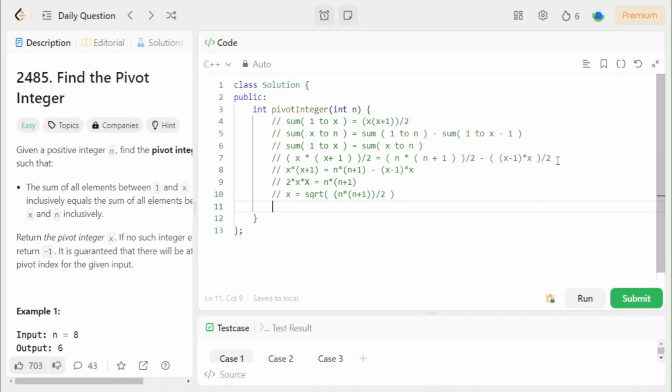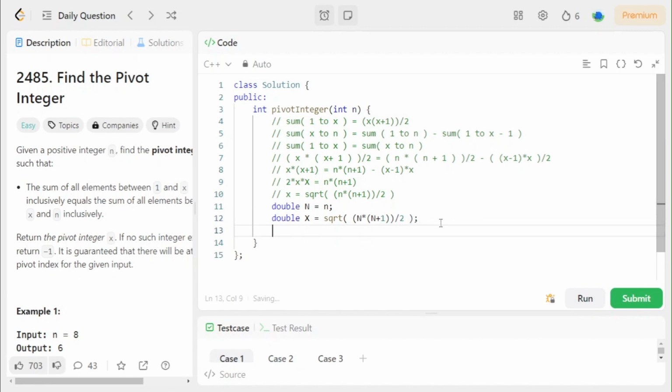To check whether it's a decimal or not, we'll define a double capital X, which is equal to n, and we'll define another double answer x, which is equal to the square root of n star n plus 1 by 2, right?